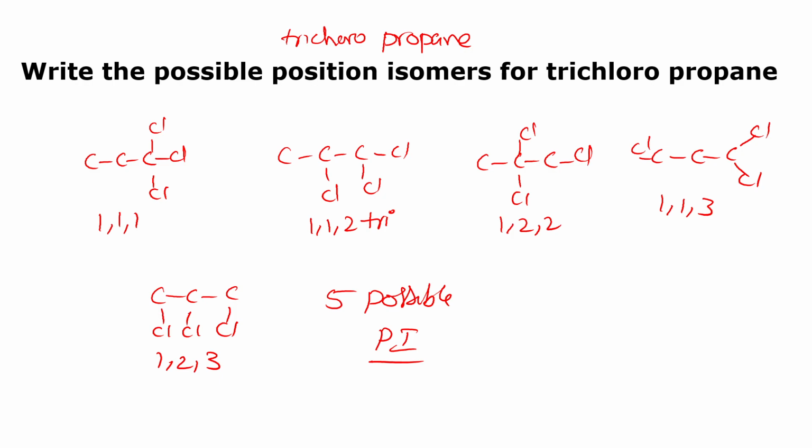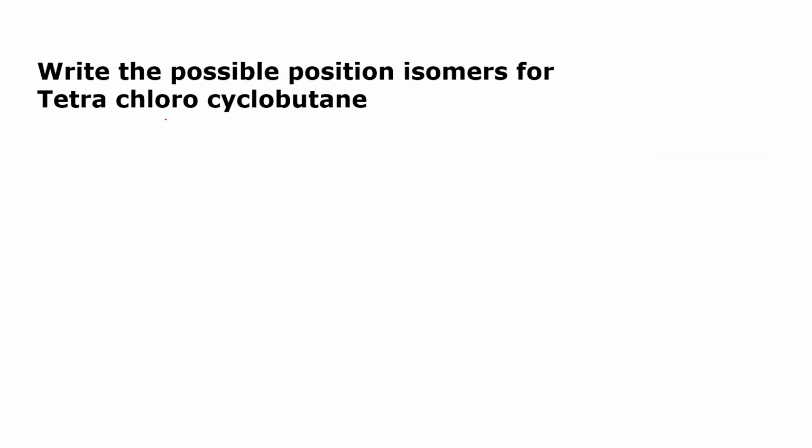Coming to the next one, the position isomers for tetrachlorocyclobutane. I would like to take cyclobutane. The first cycle, this is cyclobutane. Now tetrachloro, here a chlorine, here a chlorine, here a chlorine, here.